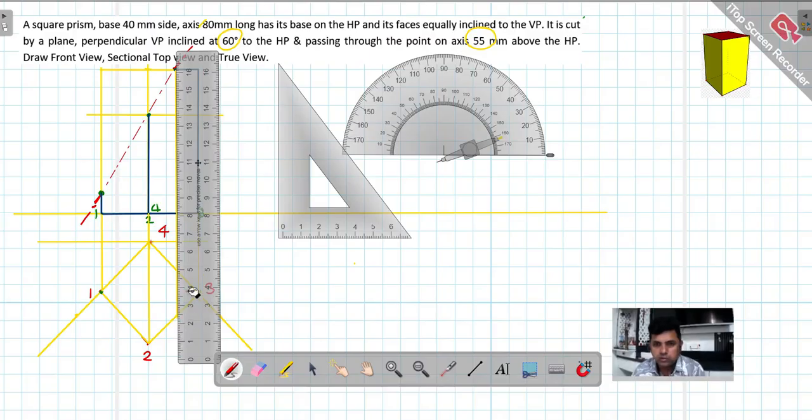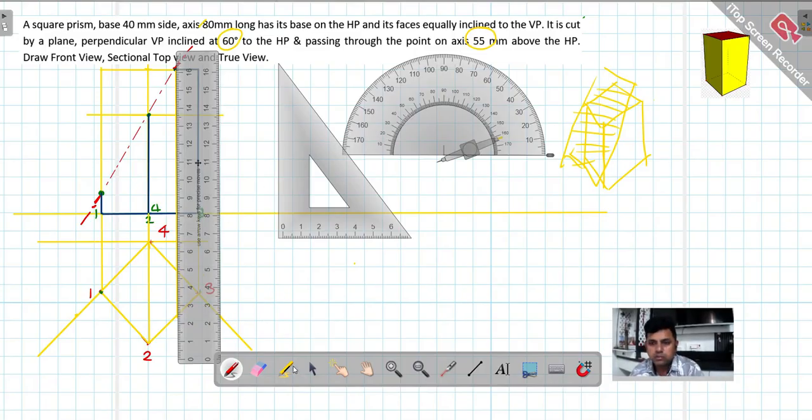So if you observe, our square prism we cut like this. So this portion is not there now. What portion is cut from this?